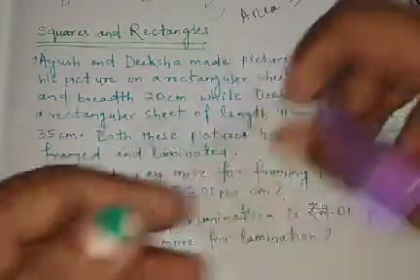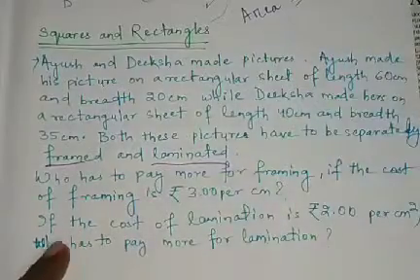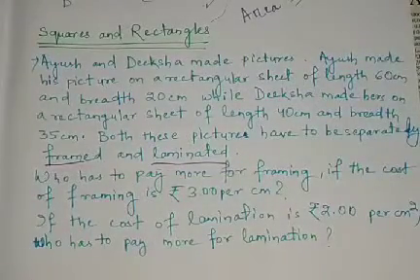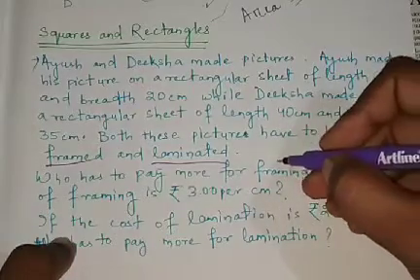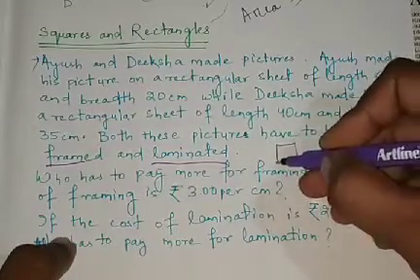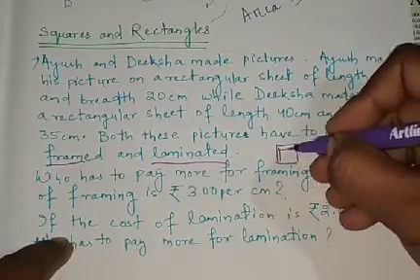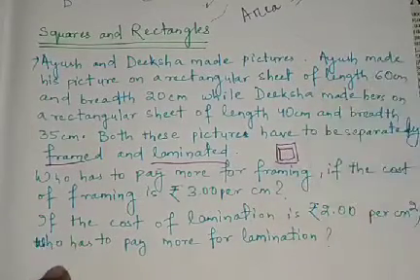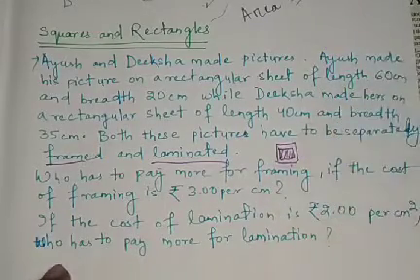Here those terms are given. You know about framing and lamination. When a picture is framed, you are covering the outside of the picture. Laminated means you are covering the inside portion.